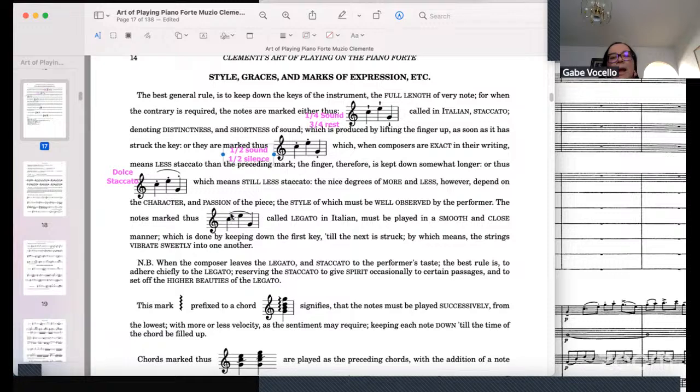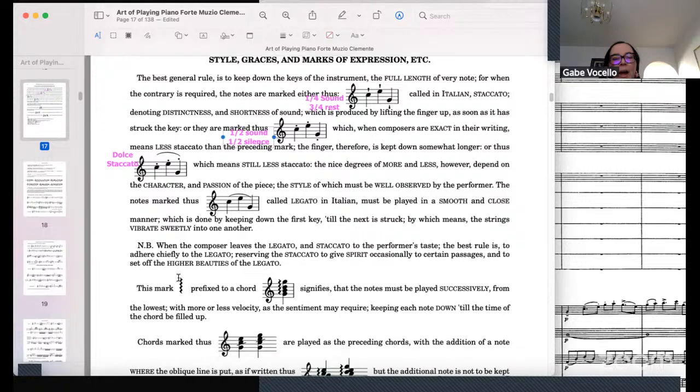And this is legato, which means play connected. This is the arpeggio, arpeggiato. Such play like in a block, okay?